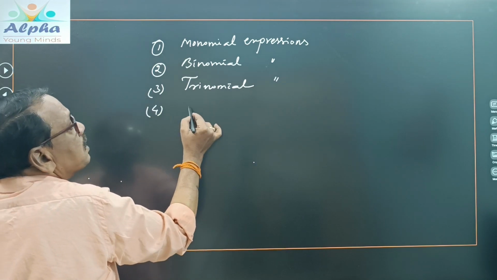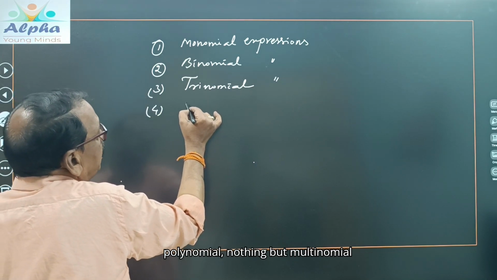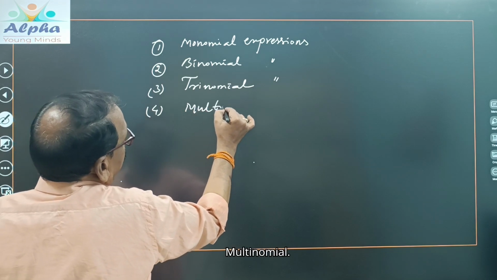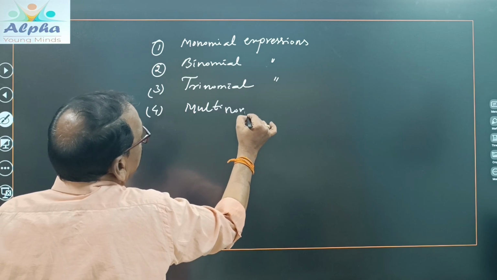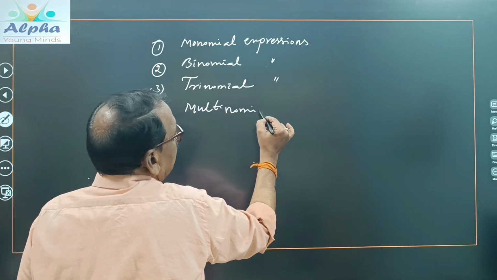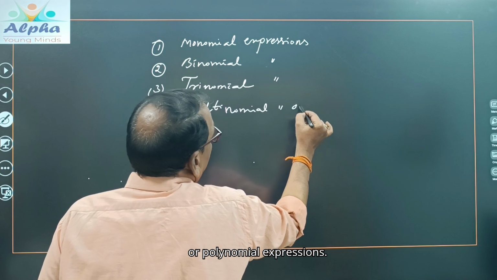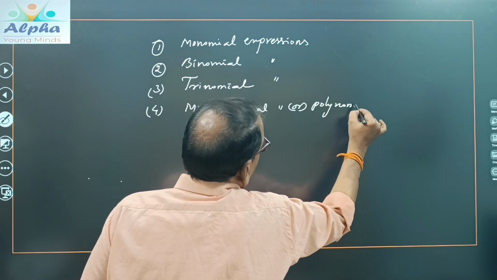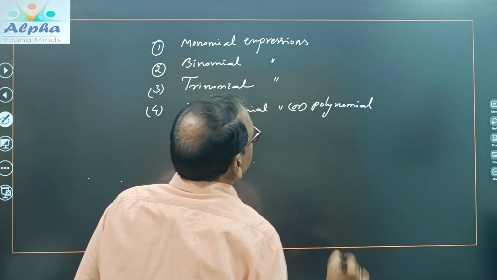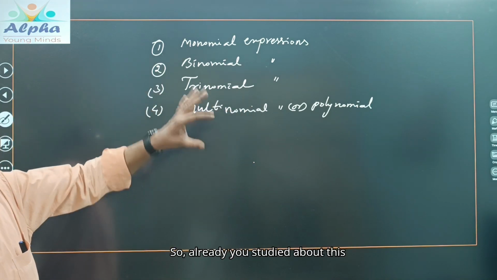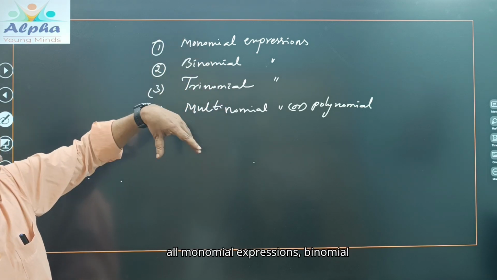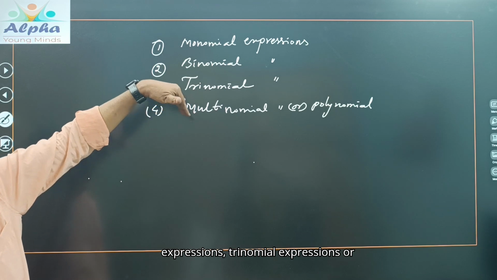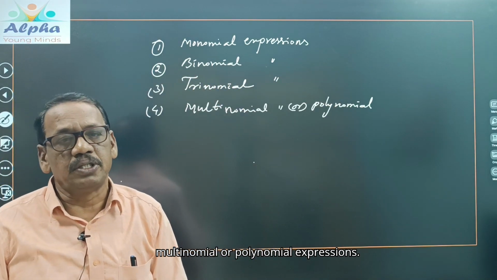Fourth one is polynomial, nothing but multinomial expressions. So already you studied all of these: monomial, binomial, trinomial, and multinomial or polynomial expressions.